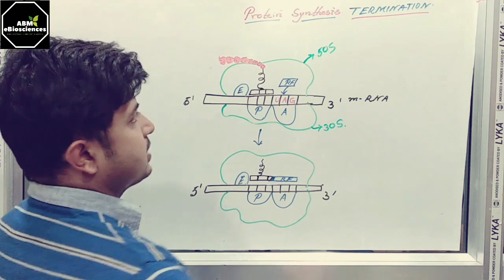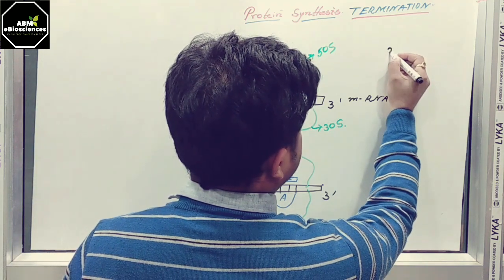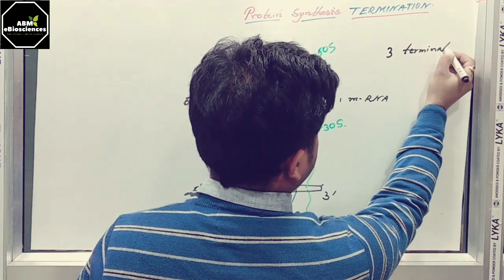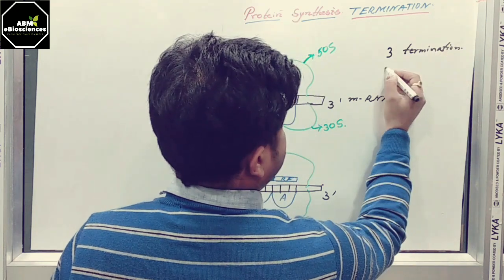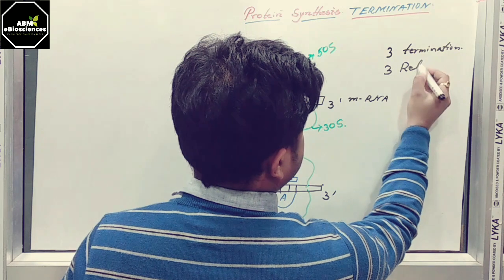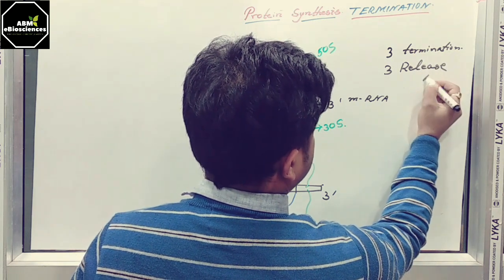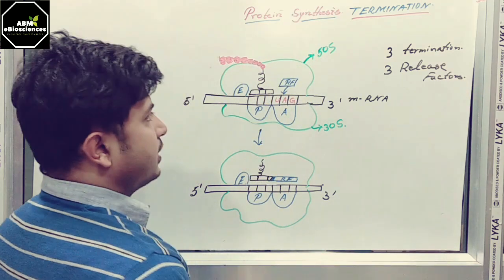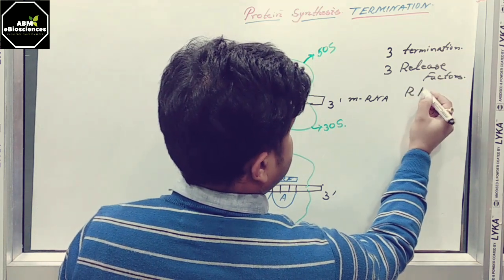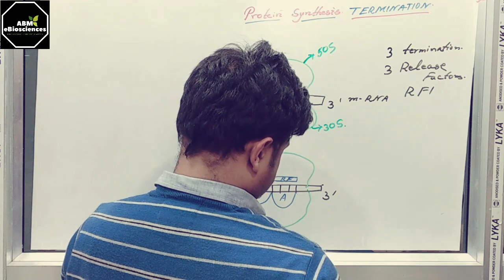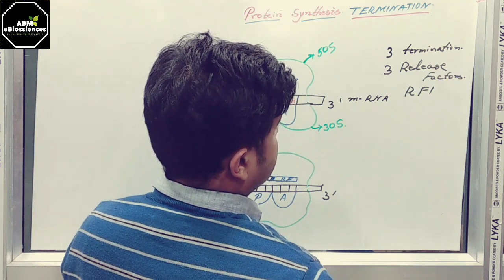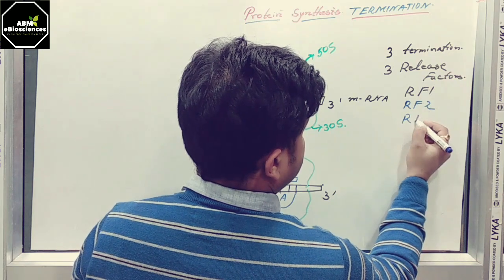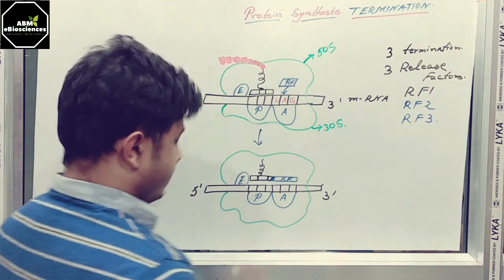In termination, there are 3 termination codons that you already know, and 3 release factors which are very essential in this process of termination. The release factors are RF1, RF2, RF3.